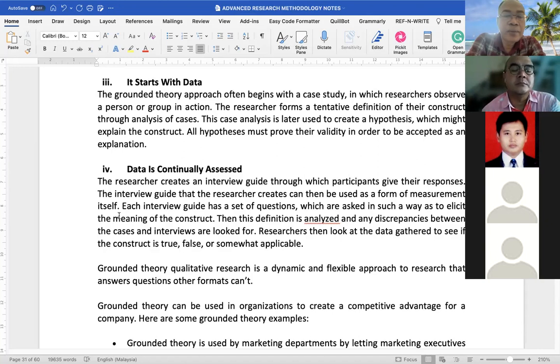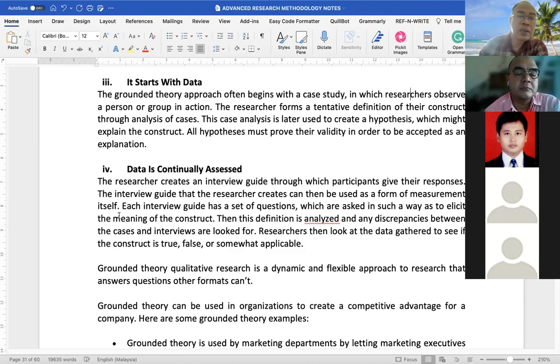Okay. Then each interview guide has a set of questions. Dalam interview guide atau interview protokol itu ada set soalan. Beberapa soalan yang akan ditanya oleh researcher kepada respondents. Then this definition is analyzed and any discrepancies between the cases and interviews are looked for.